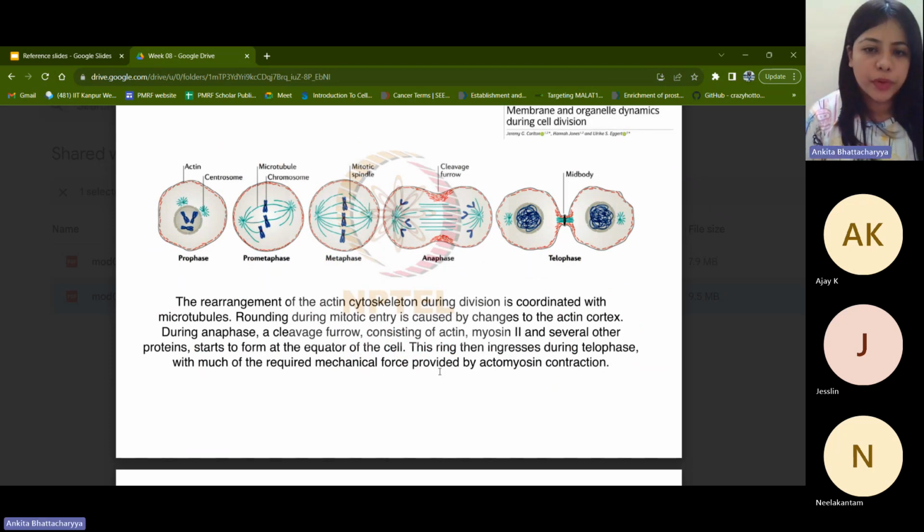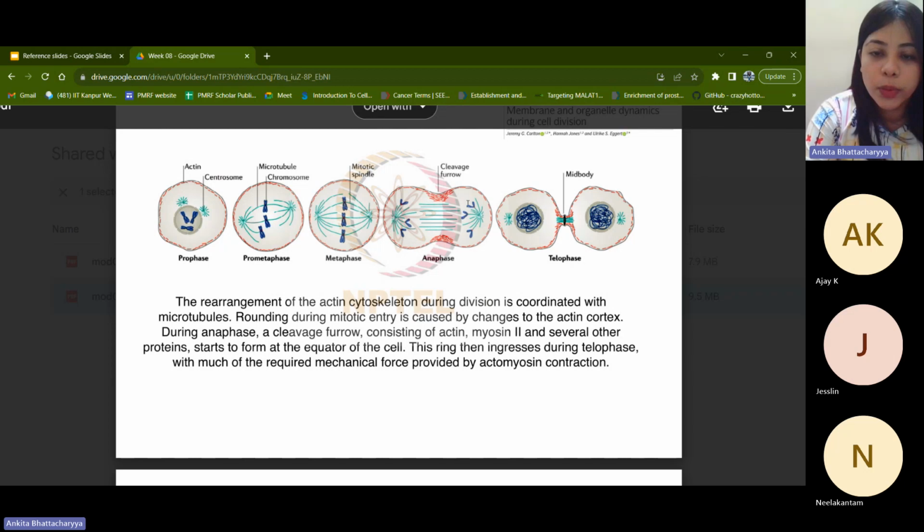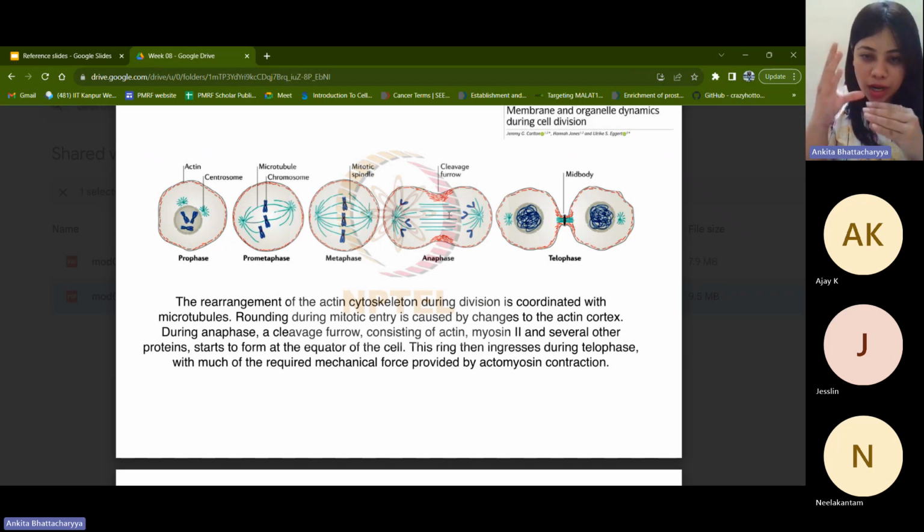Yeah. So coming back to the cell cycle stages again, rearrangement of the actin cytoskeleton during division is coordinated with the microtubules. During mitotic entry, there is rounding of the cell, which is caused by changes to the actin cortex. During anaphase, a cleavage furrow is formed, like we've already discussed. This is the cleavage furrow, which indicates that the cell now needs to undergo a split.